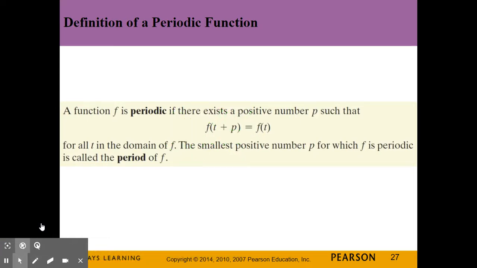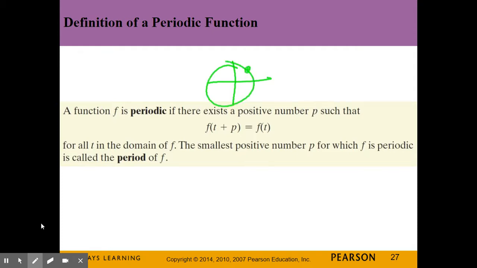All right, this is relating to what we talked about last lesson. A function f is periodic if there exists a positive number p such that f of t plus p is equal to f of t, meaning, you've got your circle, you've got your spot here.